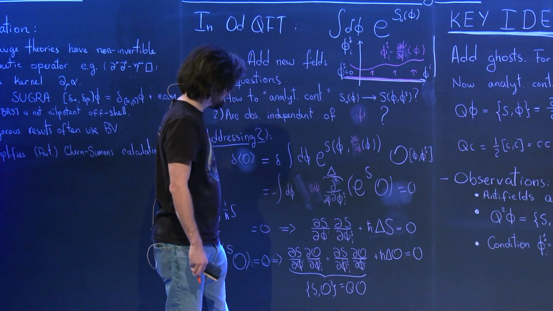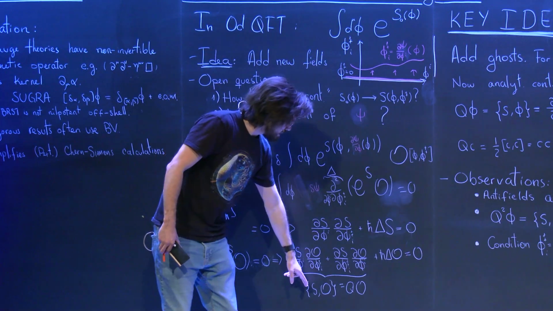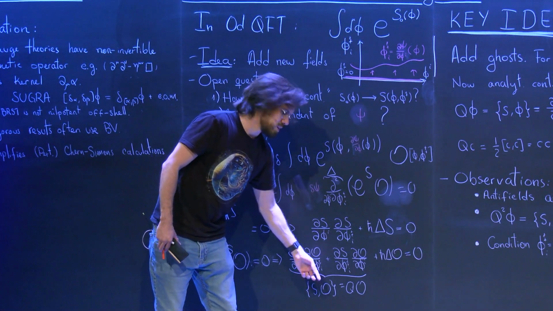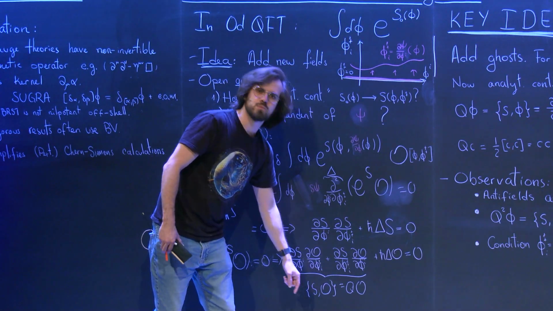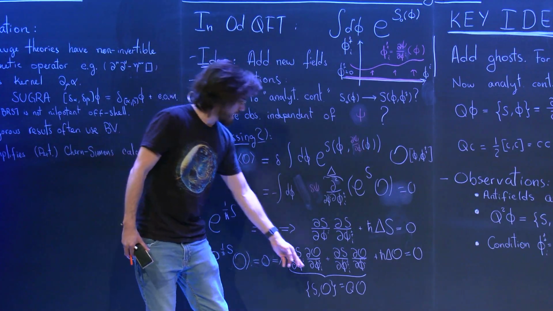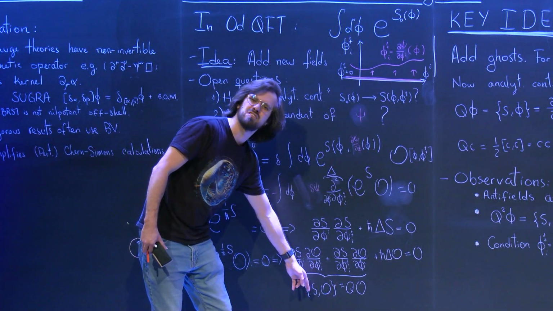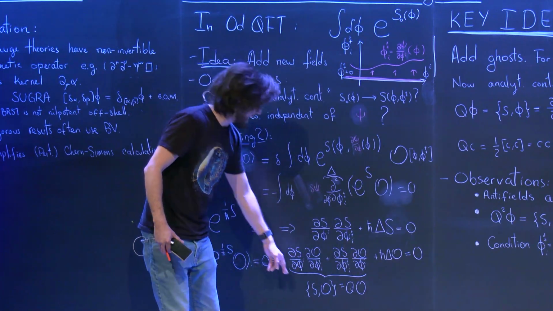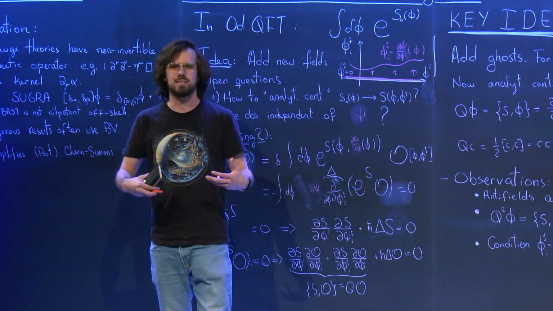Whenever one has a Poisson bracket like this, one can imagine S being some sort of Hamiltonian function, and Q being the Hamiltonian vector field for this function, acting on O. So we see that S is sort of generating a symmetry.